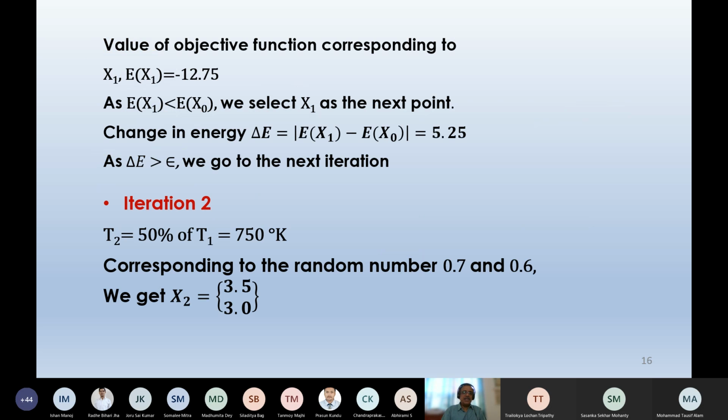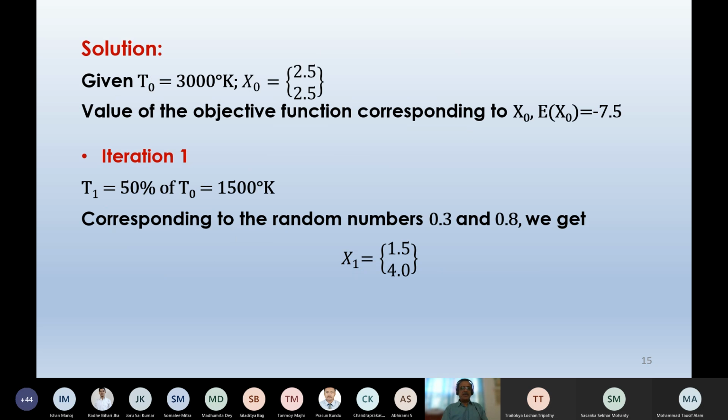Now, corresponding to this 1.5 and 4.0, I can find out the value of the objective function, and the value of the objective function is nothing but E of X1, that is 12.75. So you can find out the energy corresponding to this particular X1. Now, how much was X0?